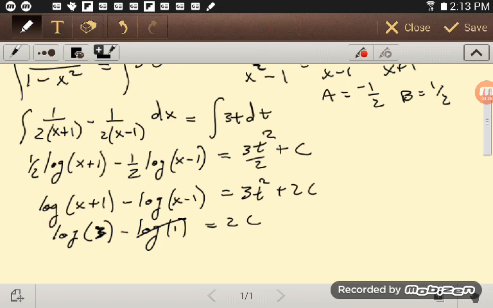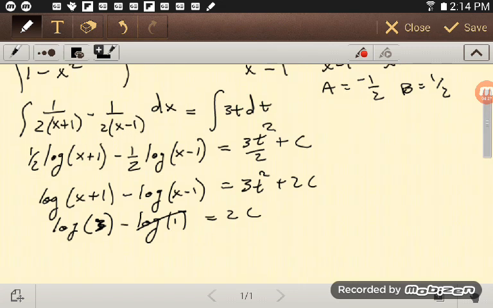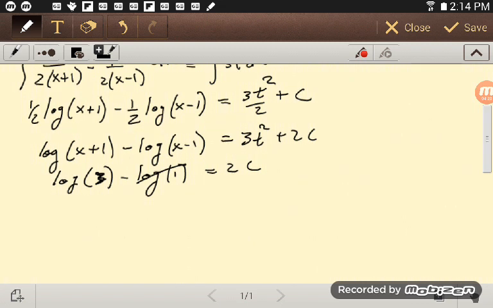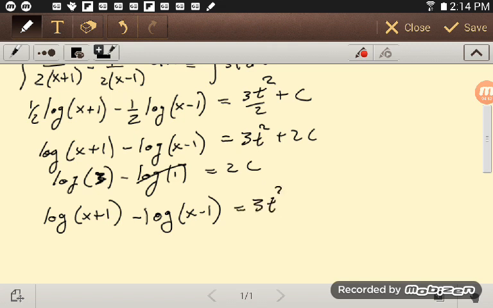So now what I have is log (x plus 1) minus log (x minus 1) is equal to 3t squared plus log of 3.